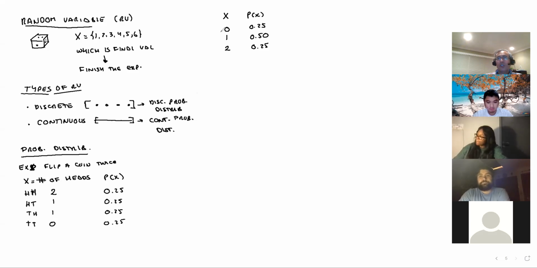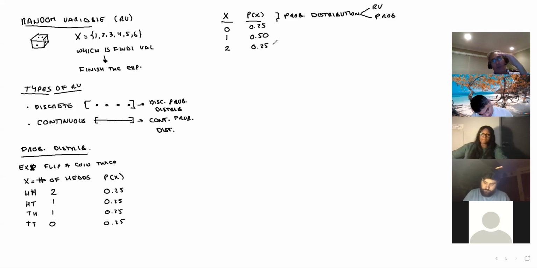Okay, guys. So this is a probability distribution. So what is a probability distribution, guys? It's simply the combination of two things: the random variable, my X, and the probabilities attached to each of the possible results, my P of X. This is what is called a probability distribution.